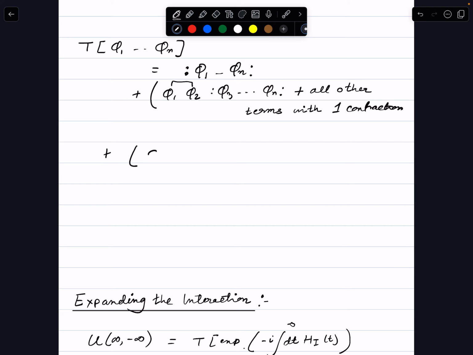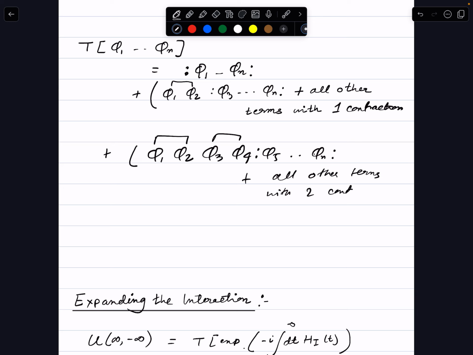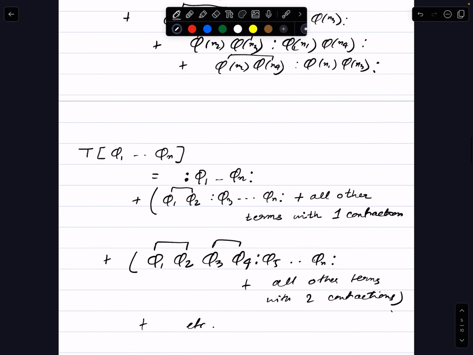And then I will have terms with two contractions like phi 1, phi 2, phi 3, phi 4 contracted, and then phi 5 to phi n normal order, plus all other terms with two contractions, and so on, etc. So 3 contractions, 4 contractions, 5 contractions, however many contractions you can accommodate within n, and then the rest of the terms will be normal order.